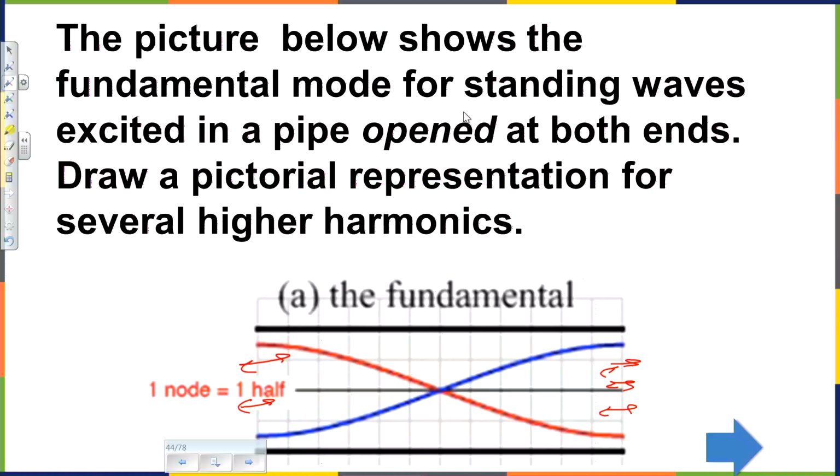But it's really not convenient drawing the longitudinal wave. So we always draw some kind of a piece of a rope, because it's easy to imagine, which represents the situation happening inside a tube or a pipe.